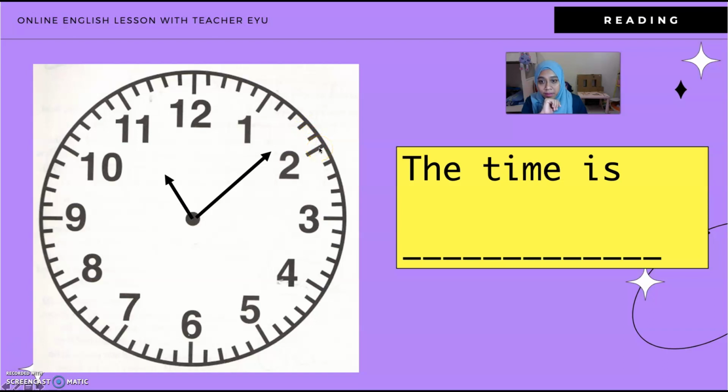This is 10. Now the minute hand shows the third line. Let's count. 5, 6, 7, 8. So the time is 11:08 AM or PM.